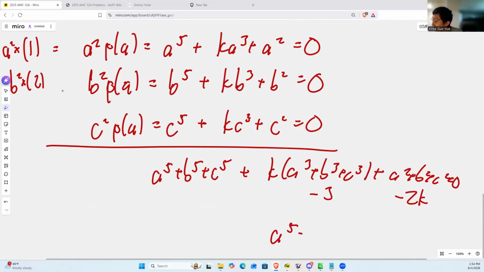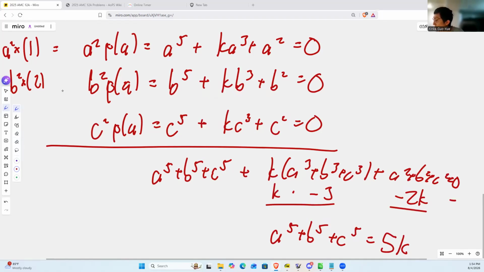So a to the 5th plus b to the 5th plus c to the 5th is 5k. Negative 3k, negative 2k equals 0. So we have the sum of the 5th powers of the roots. That means we have our answer.